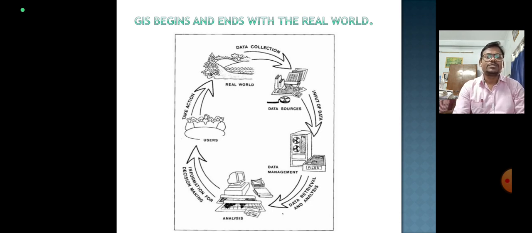First of all, we collect the data from the real world, then input the data into the computers, then data retrieval and analysis of the data and information for decision making, and we users then take actions.